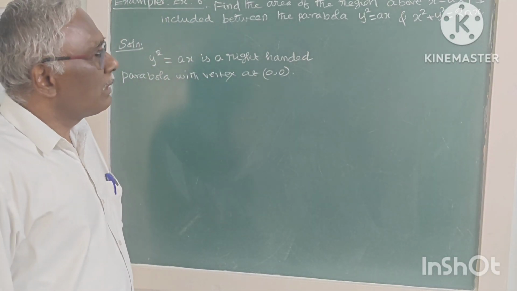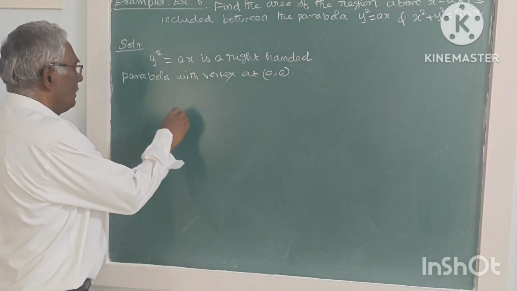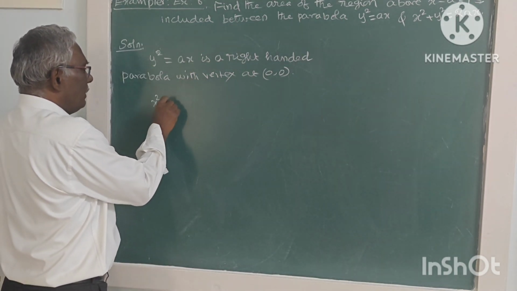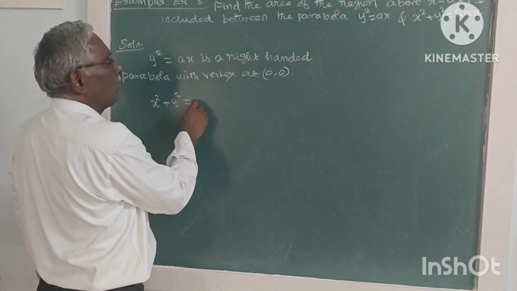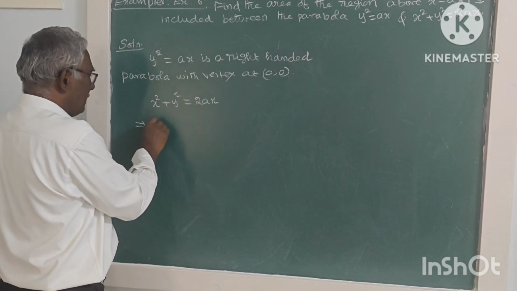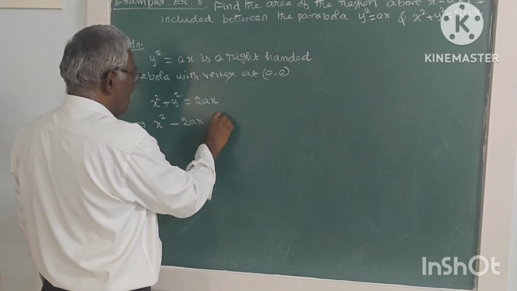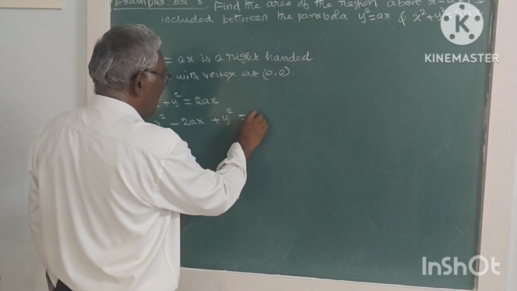We have to find the center and radius of the circle. We can write this as x square minus 2ax plus y square is equal to 0.